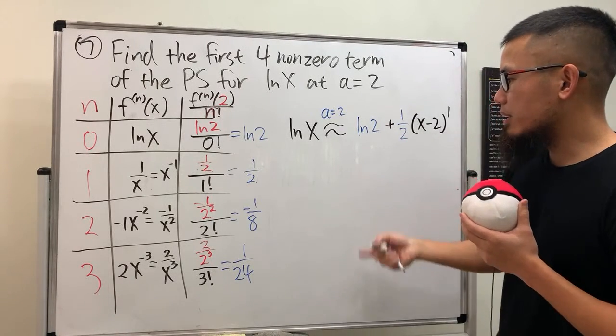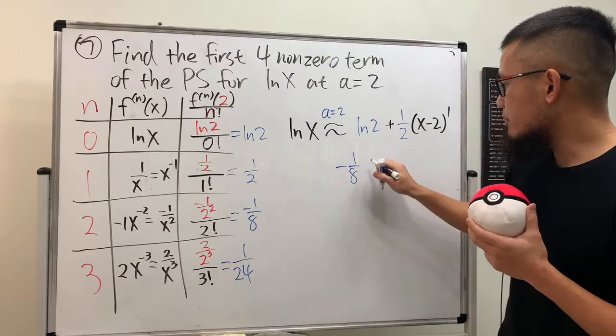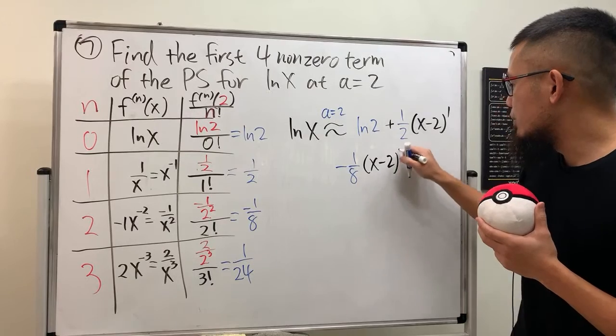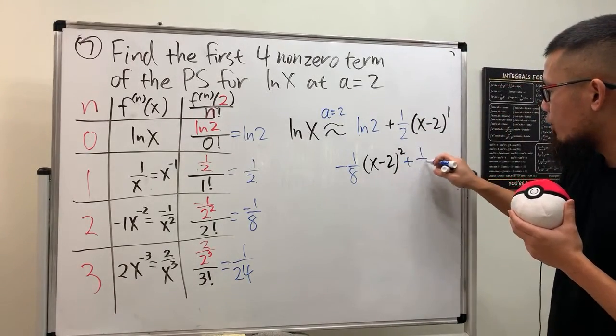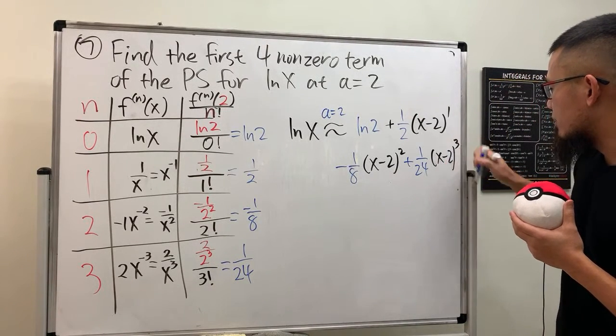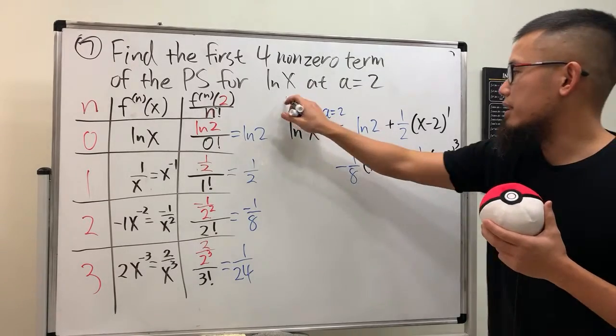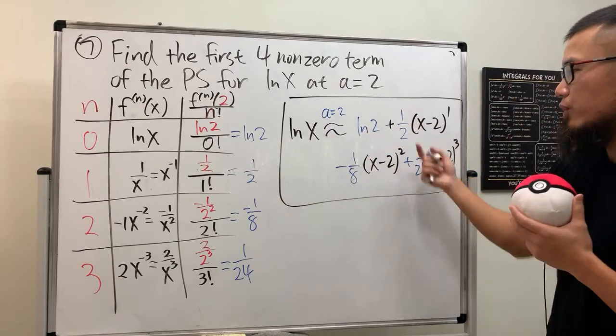The next one is negative 1 over 8 times x minus 2 to the second power. And lastly, plus 1 over 24 times x minus 2 to the third power. So this right here is it, and as long as you write down these 4 terms, we are cool.